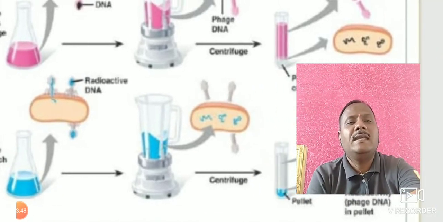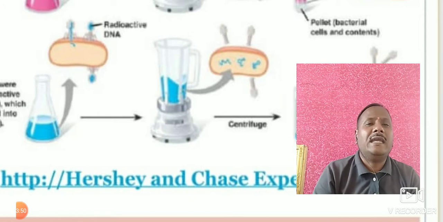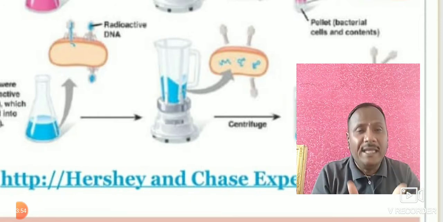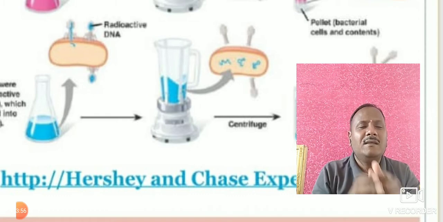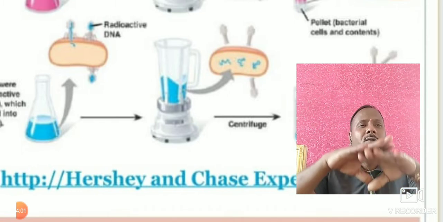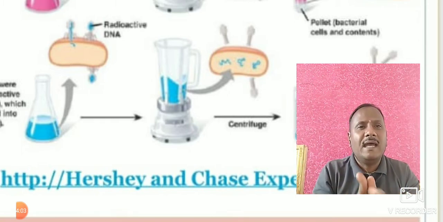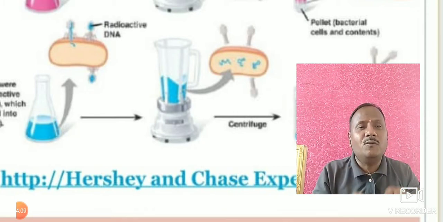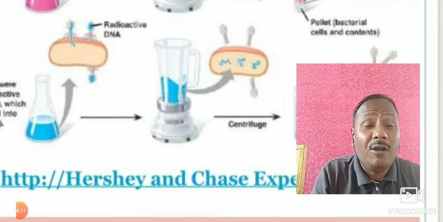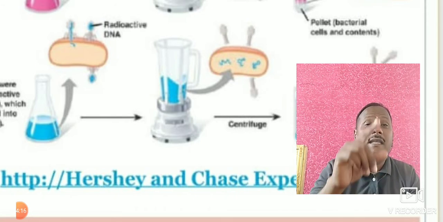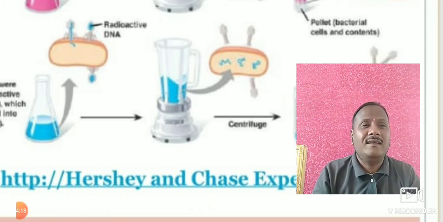The same process we again perform in this experiment, the blending process, meaning the mixing process, due to which whatever is outside the bacterial cells is separated and the bacterial cells remain, within which there is the entry of the DNA of the bacteriophage, shown in green color. Why?